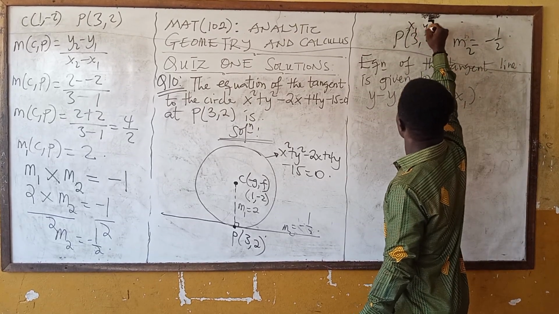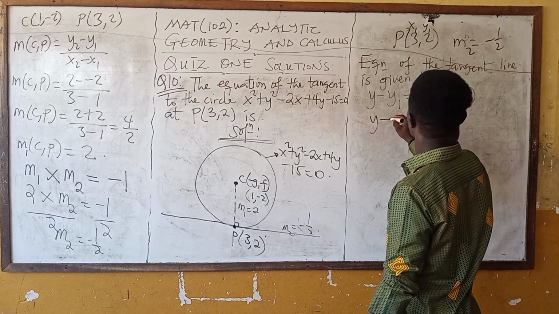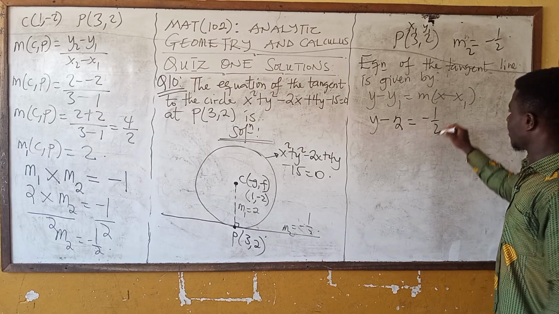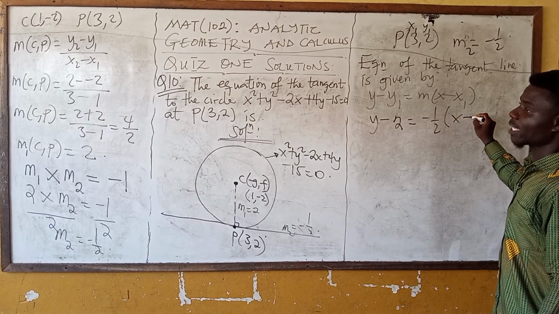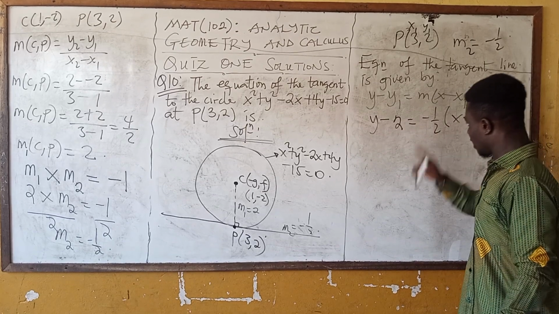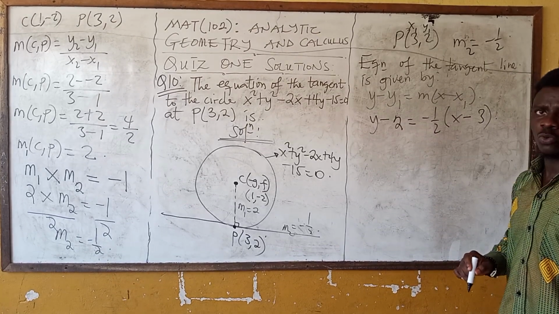So y minus 2 equals negative half times x minus 3. Now we can multiply by 2.